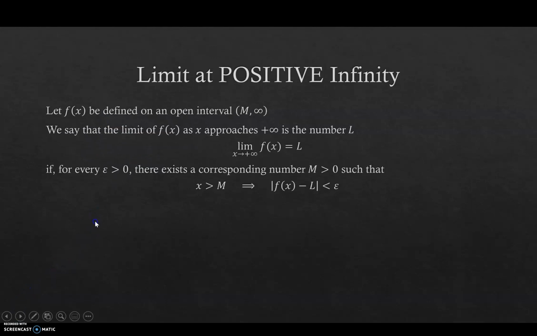So let's talk about the limit at positive infinity first. So let f of x be defined on an open interval m to infinity. So we want to include, at a minimum, or at least be close to m.